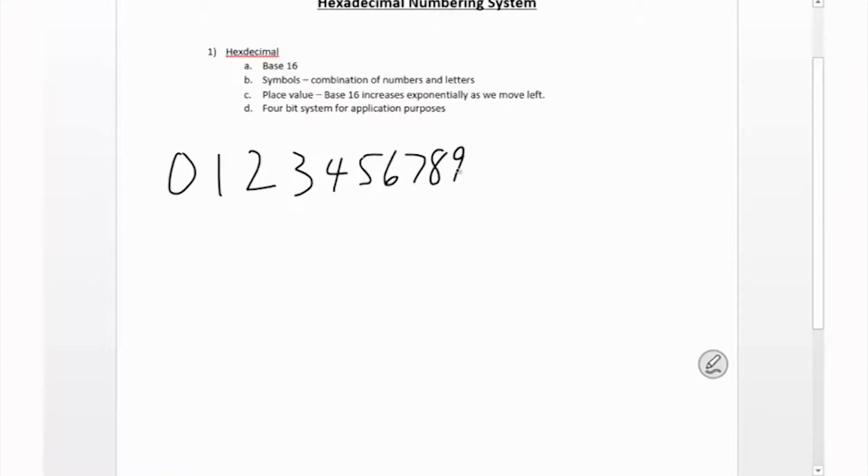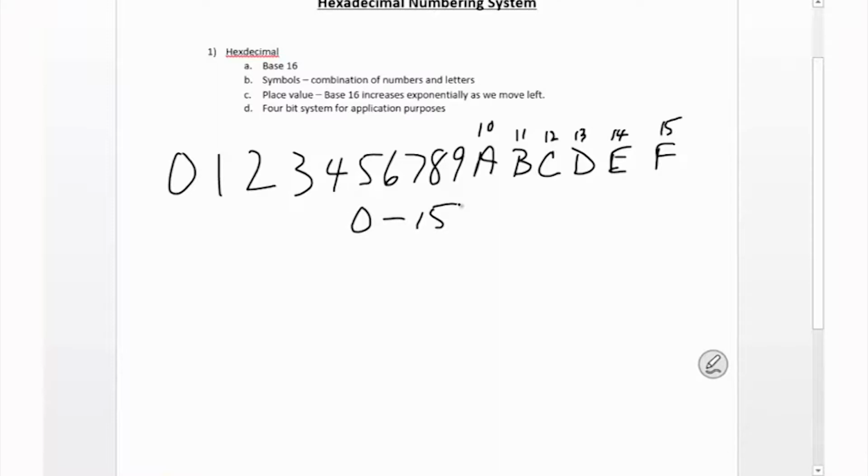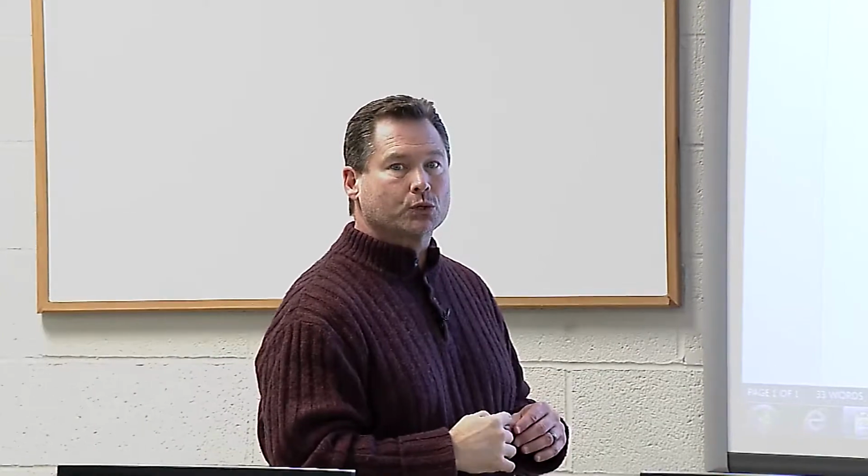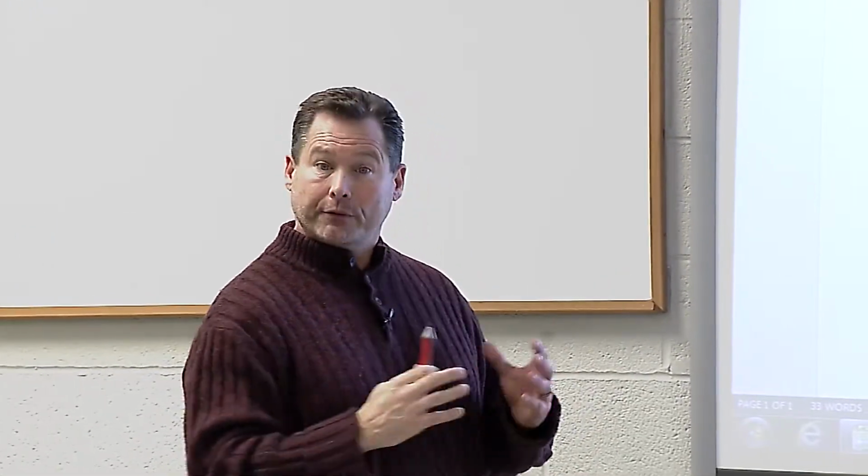But we also add some letters that represent 10, 11, 12, 13, 14, and 15: A, B, C, D, E, and F. That gives us the values 0 through 15, or 16 symbols to use to quantify whatever it is we're discussing.